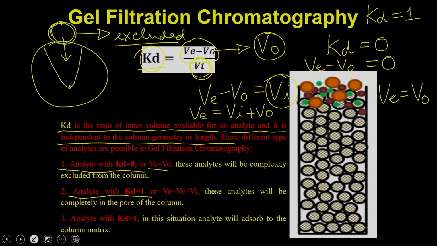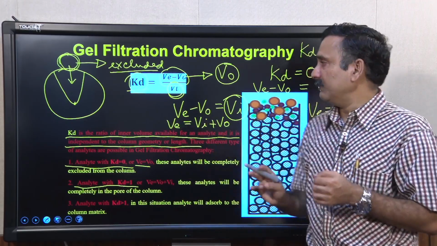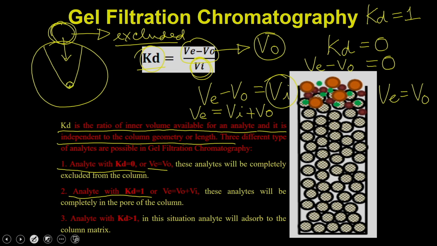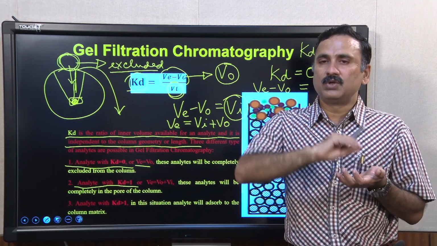So, under what condition can you have the elution volume equivalent to the volume of the pore plus the void volume? It means the molecule is sitting at the end of the pore, which means it has to travel the Vi from top to this, and then it has to travel outside as well, which means it has to travel the volume which is present within the pore and outside as well. So, the only condition is when the analyte is sitting at the end of the pore and it is going to travel all the way.